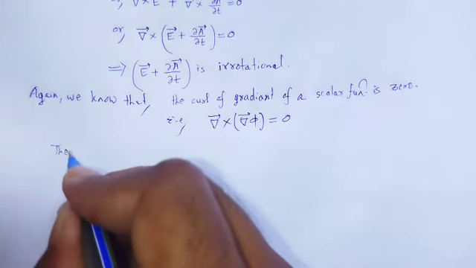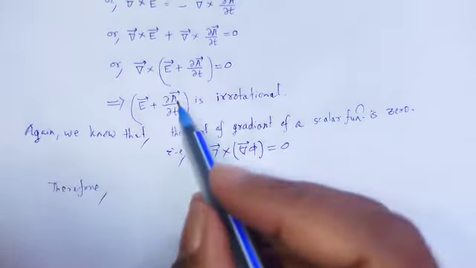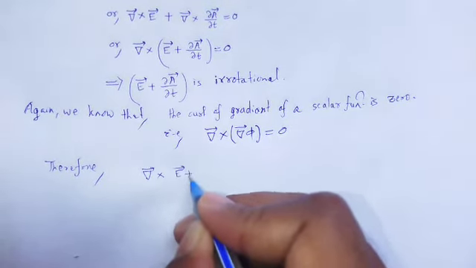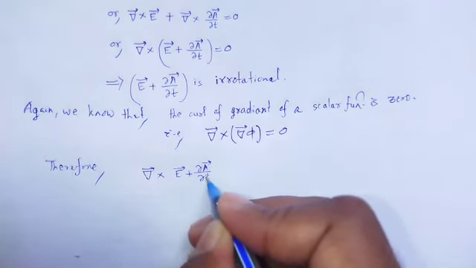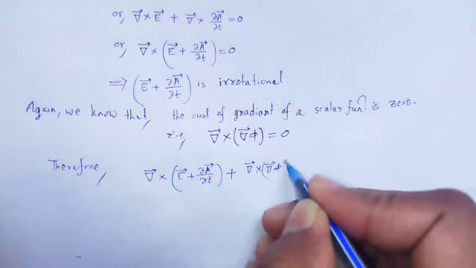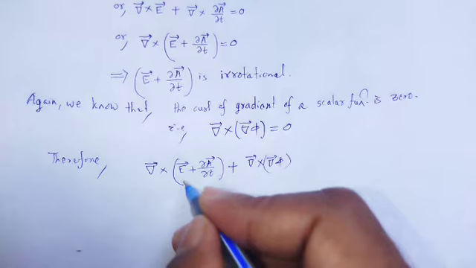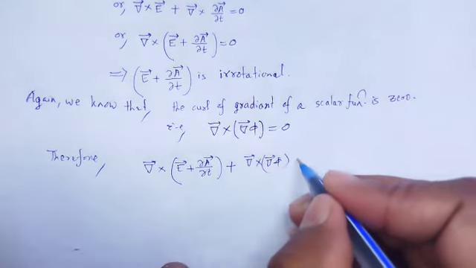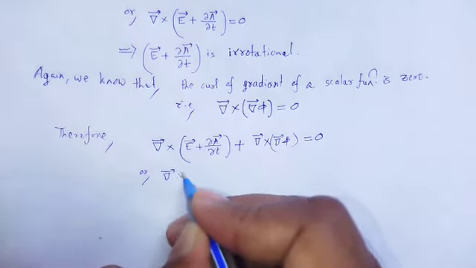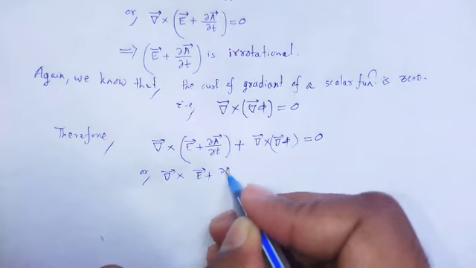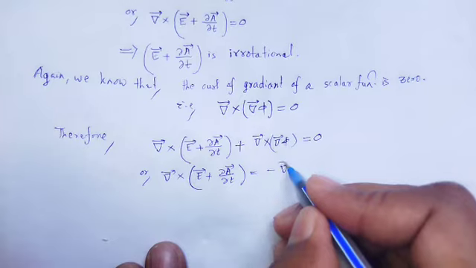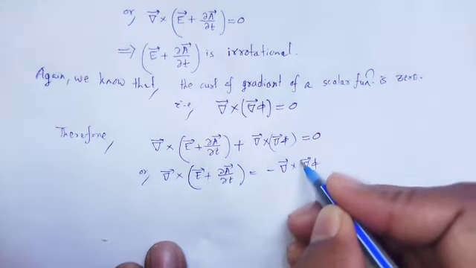Therefore, now the equation can be written as grad cross (E plus del A by del t) plus a term grad cross grad phi, as its result is equal to 0. If we add that quantity to that term, there will be no change. Therefore, grad cross (E plus del A by del t) is equal to minus grad cross grad phi.